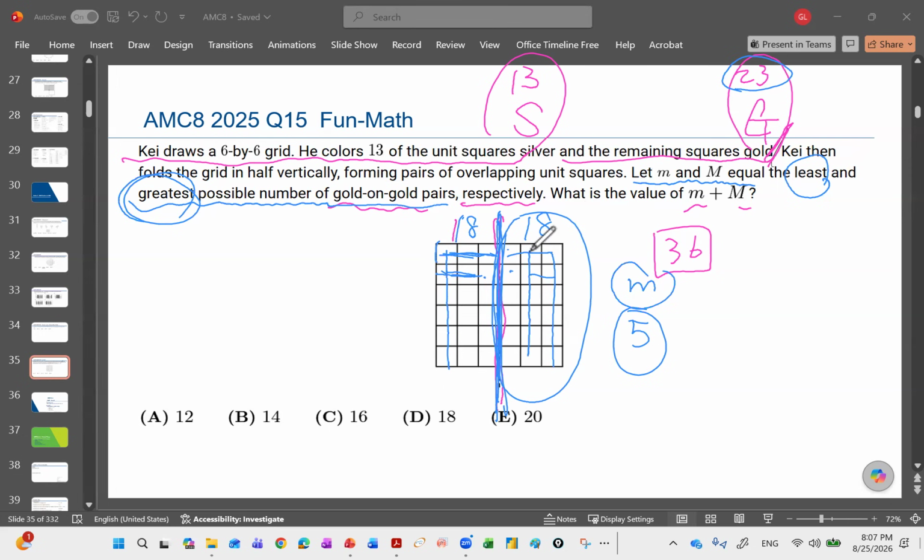I use 6 here and 5 here, right? The 6 can all match up with the other 6, and the 5 with the 5. Totally 23. Makes sense? The rest are colored silver. So at most 11 of them can match: 6 match and 5 match, totally 11. So small m plus capital M, I got 16. Did you guys get 16 or a different answer?